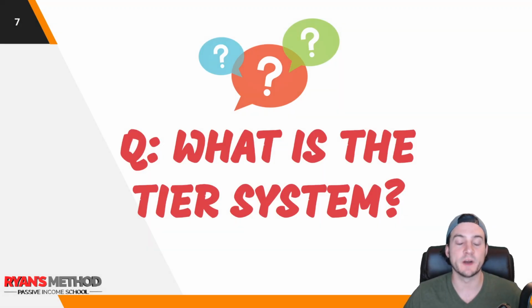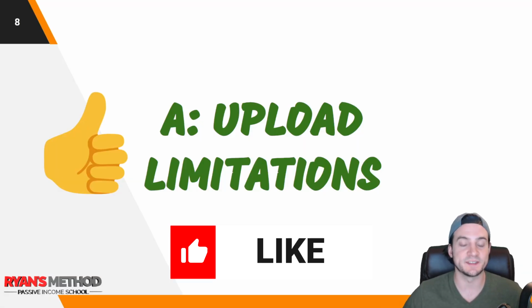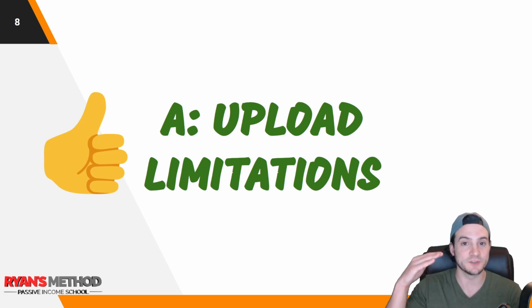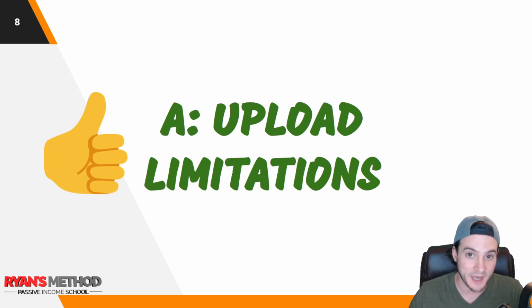So the first question I wanted to start with at the top is, what is the tier system? The answer is, it's essentially upload limitations. When you start on Amazon Merch, you can upload up to 10 products. After that, you cannot upload any more products. By the way, there's also daily upload limits associated with your tier. So right now, when you start, you can upload 1 product a day, and then you can upload up to 10 products.